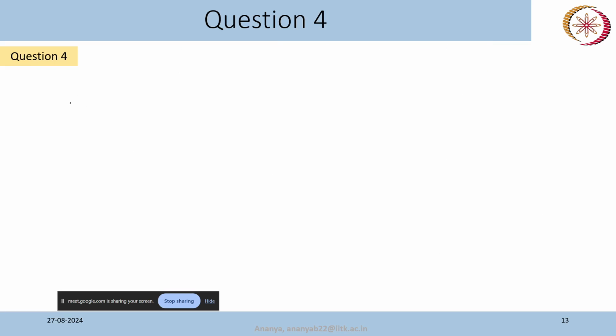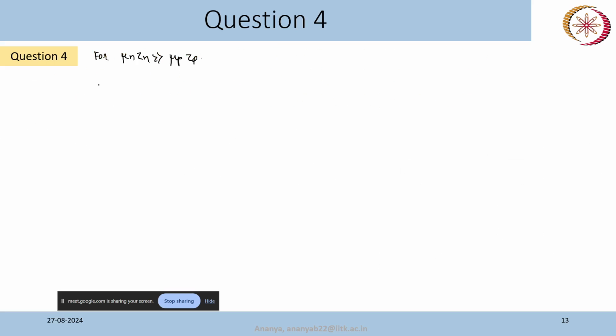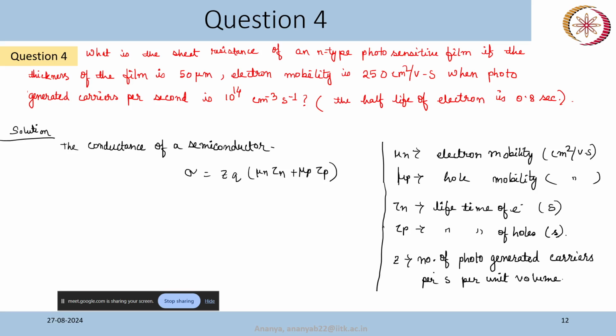Now, if mu n tau n is much greater than mu p tau p, which is true in case of most semiconductors, we can ignore this part here and we can write sigma is equal to Z will be n, because this is the number of photogenerated carriers per second per unit volume. This is the number of electrons as well as the number of holes.